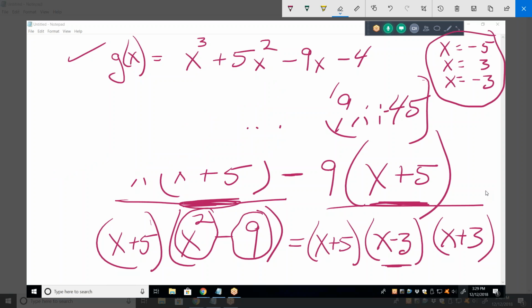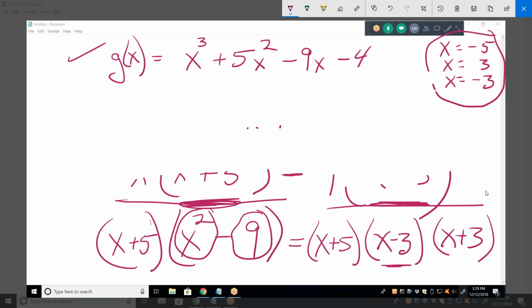What it has to be true is these coefficients. The coefficient of the first two terms is 1 over 5, right? Has to be the same as the coefficients of the last two terms. Minus 9 over minus 45, which is also 1 over 5. That's how you tell whether grouping can be used.